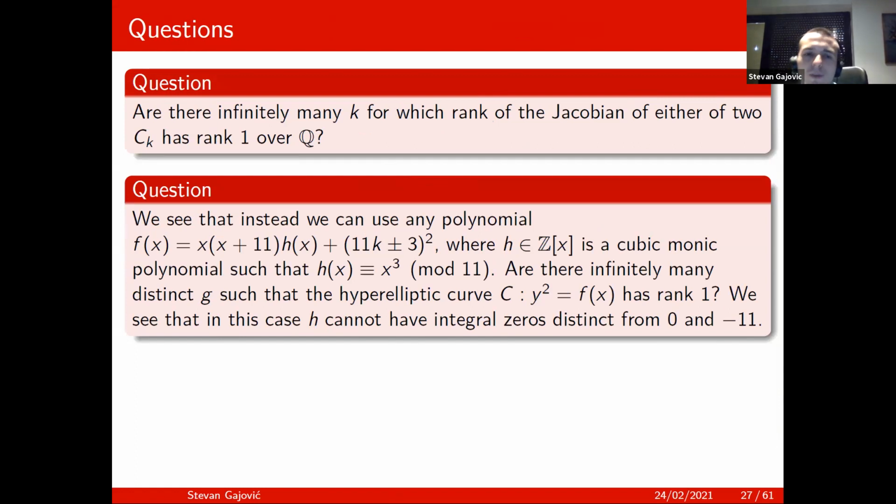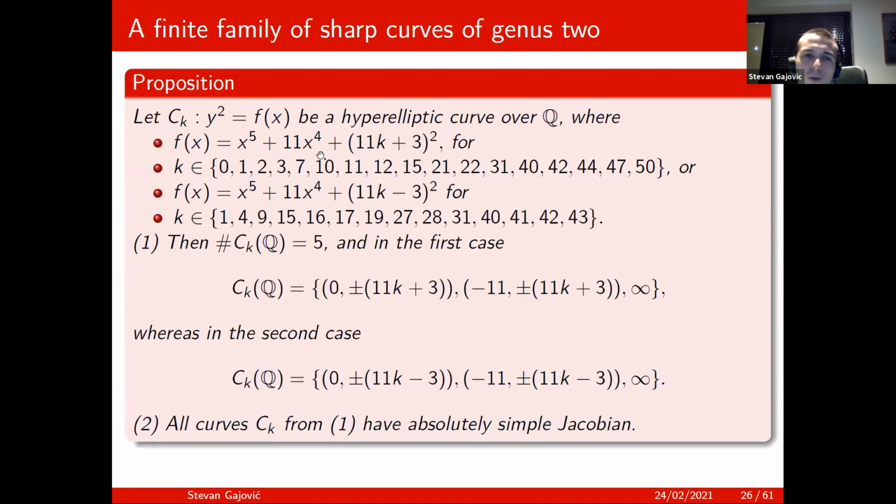And as we could notice, we can change this polynomial. So for example, we keep points 0 and minus 11 and plus and minus these 2 values. But also in the example, h of x was x cubed. So this is x times x plus 11 times x cubed.